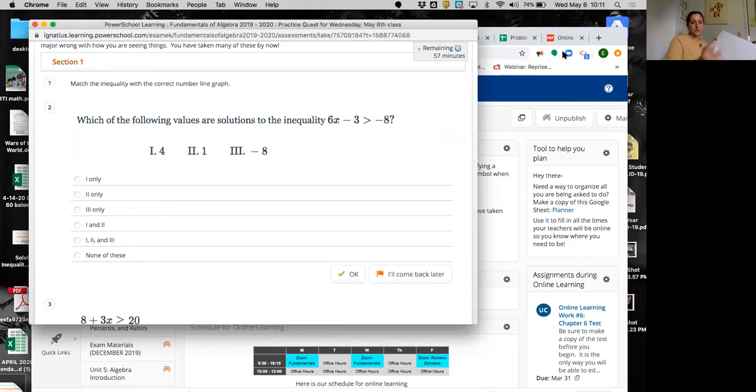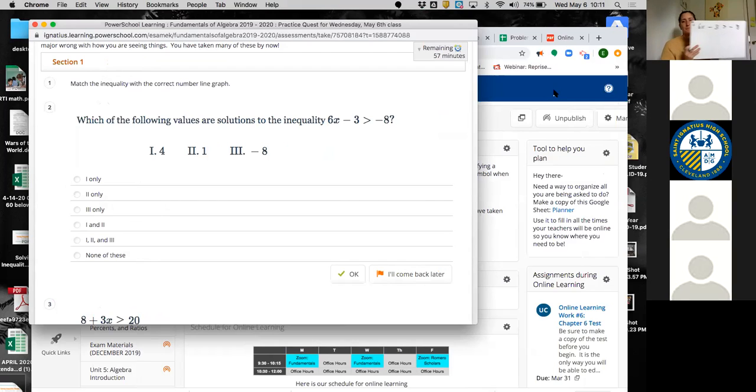when we do 6x minus 3 is greater than -8. This is problem number 2 if anyone else is having trouble with that problem. And you want to know if something makes it true, what do you think you should do with that 4 to see if it makes it true?